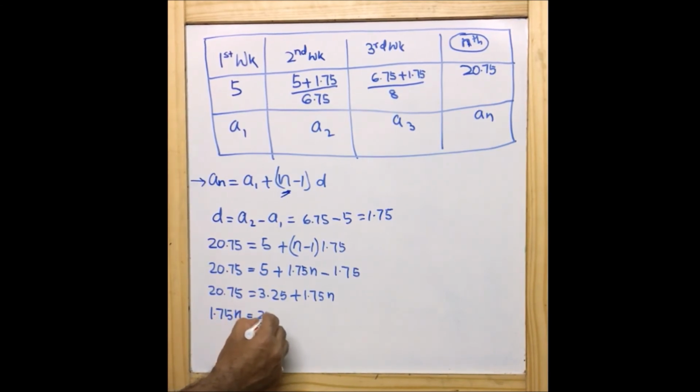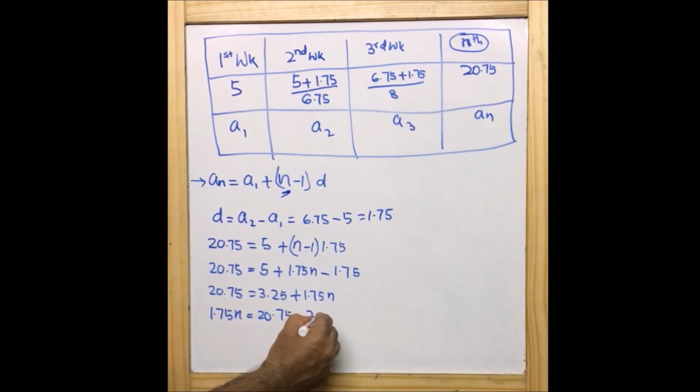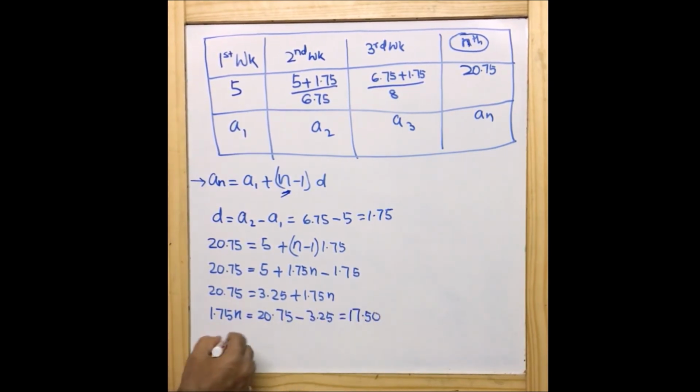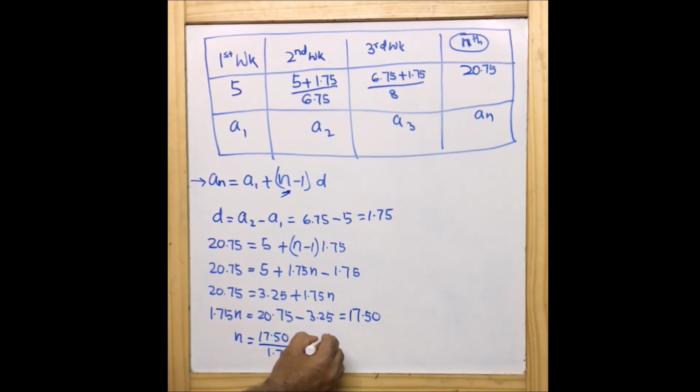Or I can say 1.75 N is equal to 20.75 minus 3.25, which is nothing but 17.50. Or I can say N is equal to 17.50 by 1.75, that is equal to 10. Therefore N is equal to 10.